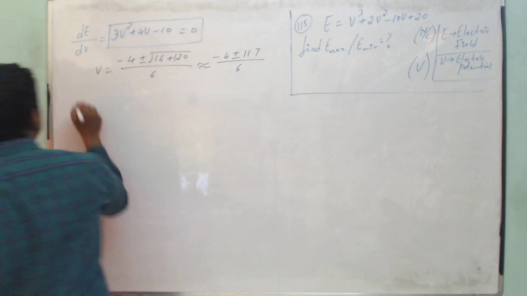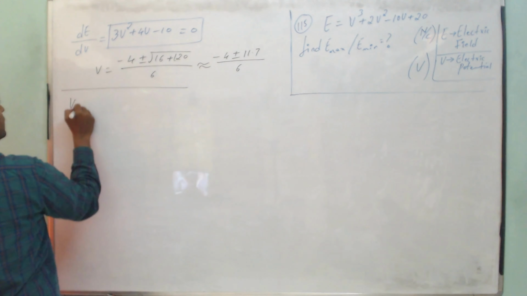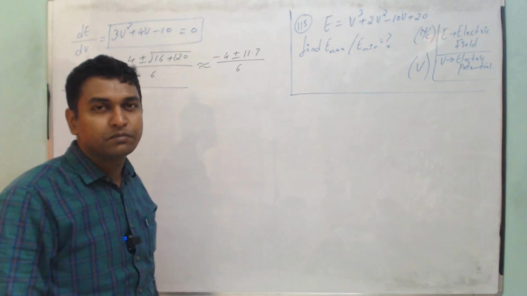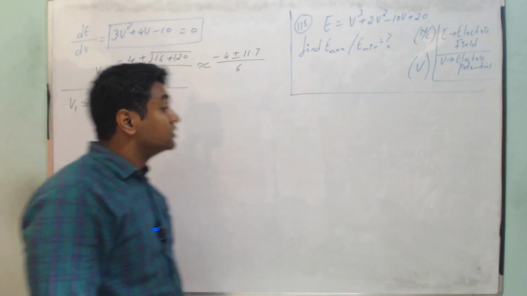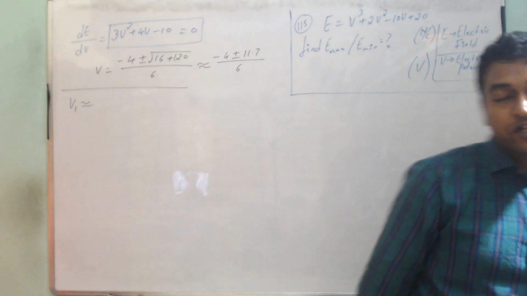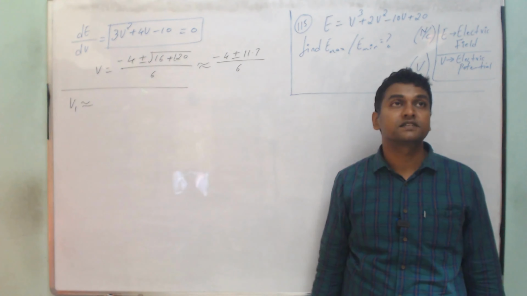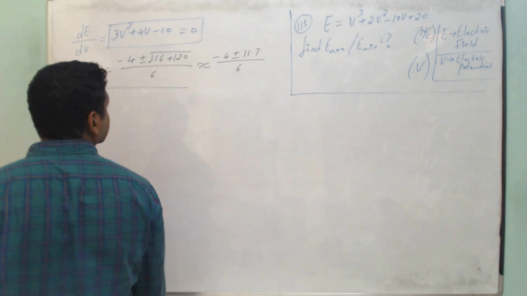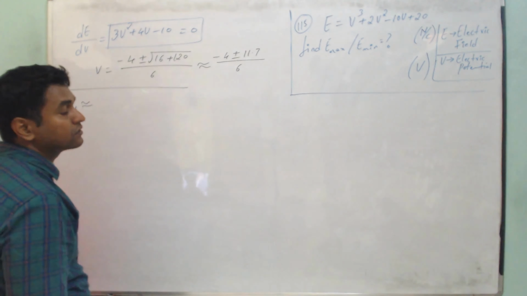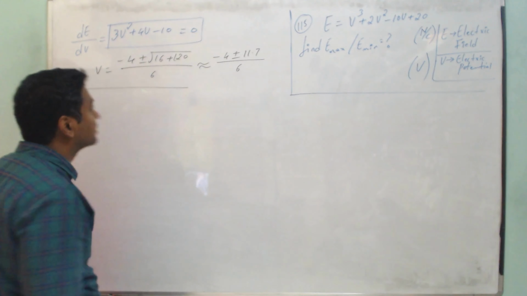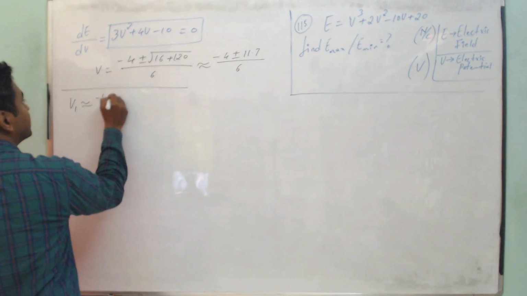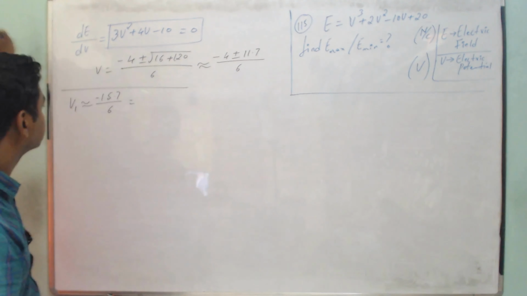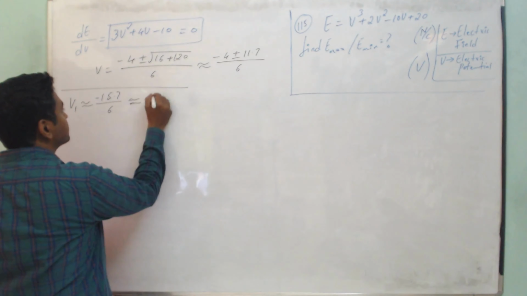So one value, V1, is approximately minus 15.7 by 6. 6 twos are 12 and 6 sixes are 36, so approximately minus 2.6. Let me write it: minus 15.7 divided by 6, approximately minus 2.6.